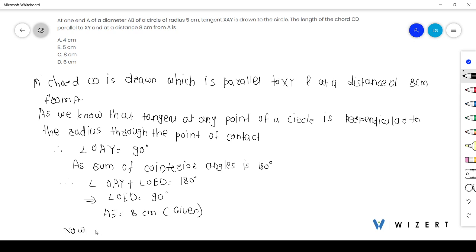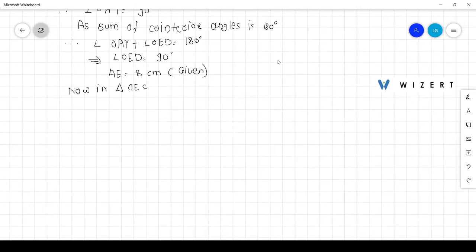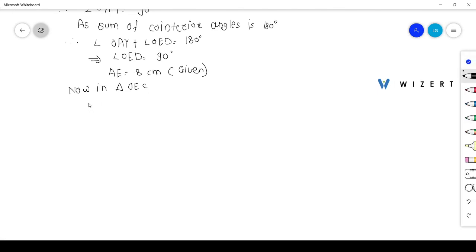Now in triangle OEC, by Pythagoras theorem, as this is a right angle triangle, OC square equals OE square plus EC square. This is by Pythagoras theorem.